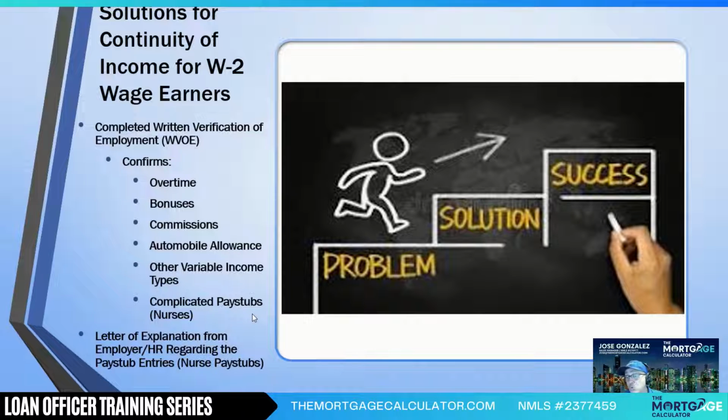Like loan repayments, 401k loan repayments, or other loan repayments that are being auto debited from the pay but aren't disclosed on their credit report, alimony withdrawal, child support withdrawal, or stuff like that that's going to show up on a pay stub that you're going to need additional explanation for. I guess I would put that into the complicated pay stubs scenario. Well, you're going to need additional documentation there.